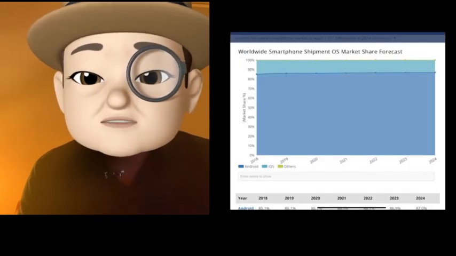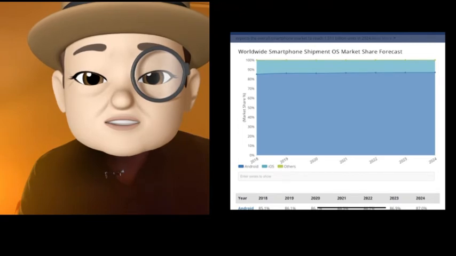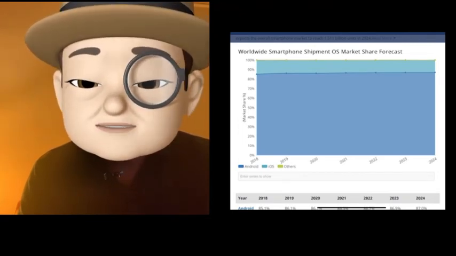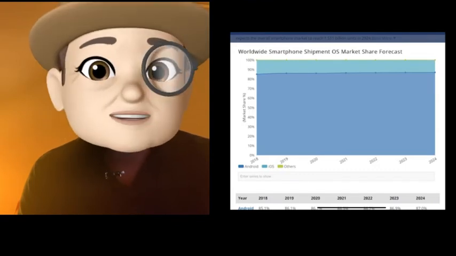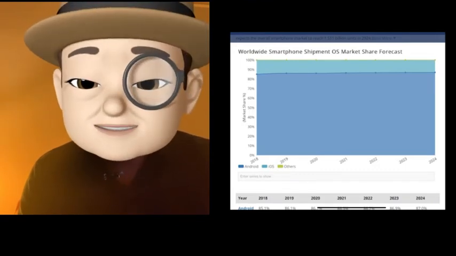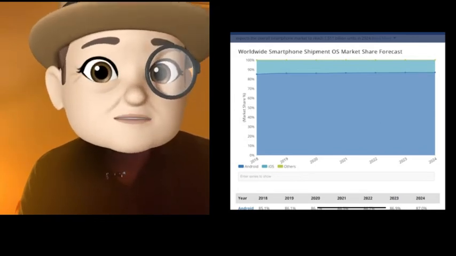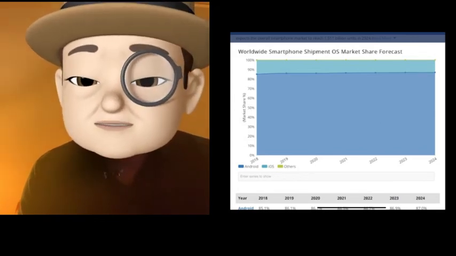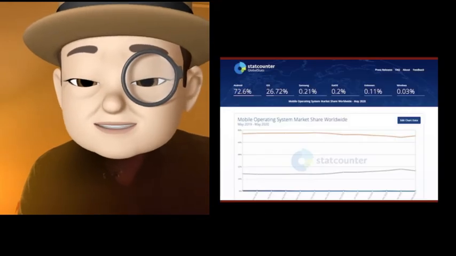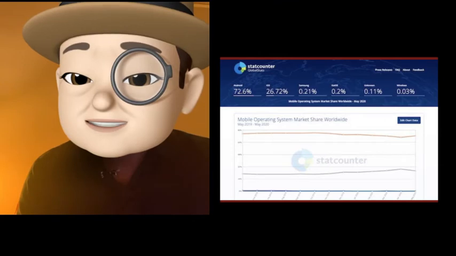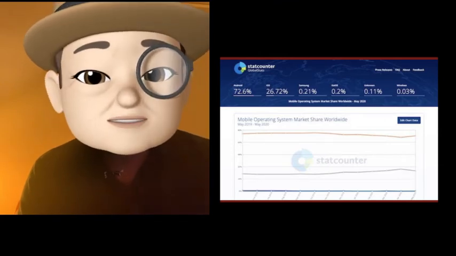Now, in terms of worldwide smartphone shipments market share forecast, Apple is listed as having less than 15%, and the rest is really dominated by Android. Android has 85% of the market. In terms of mobile operating system market share, Apple looks like it has 20% of the market.